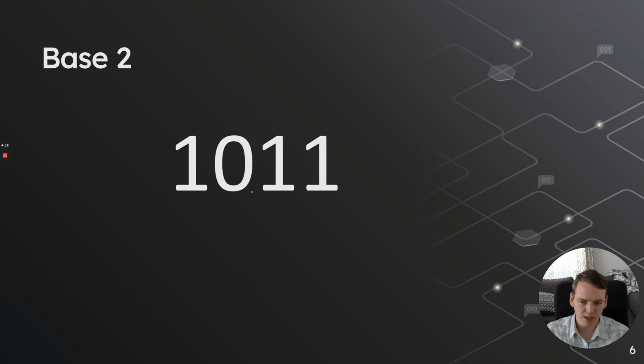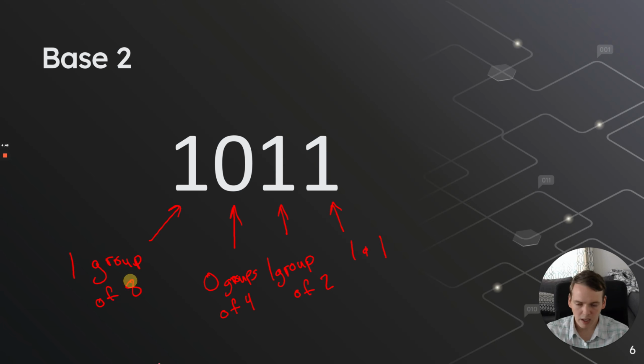So base 2, if we've got this number 1011, it would be 1 group of 1, 1 group of 2, 0 groups of 4, and then 1 group of 8.